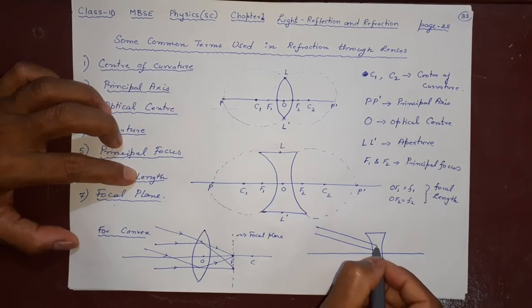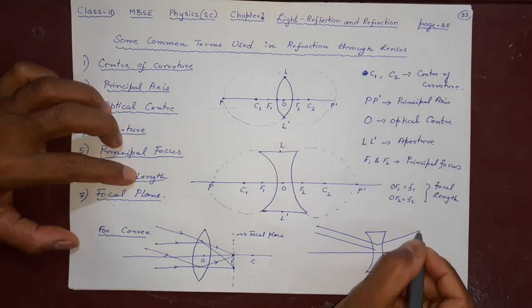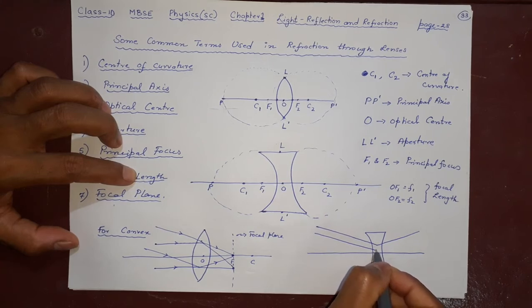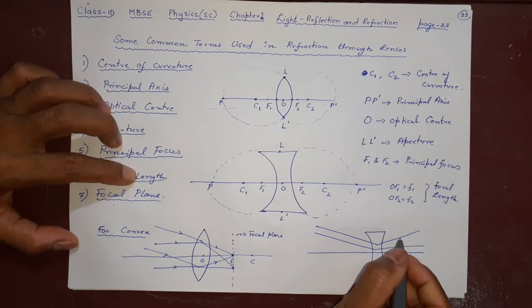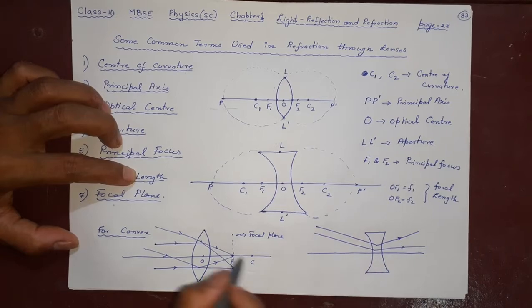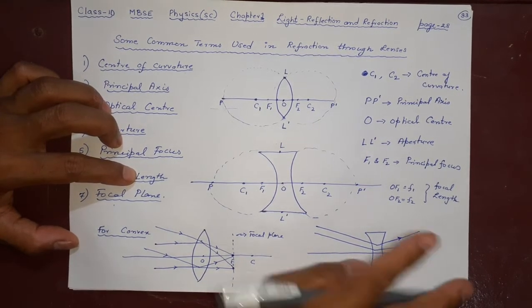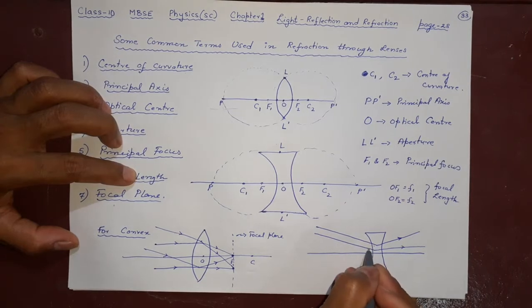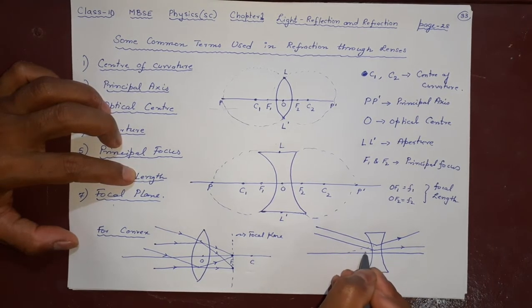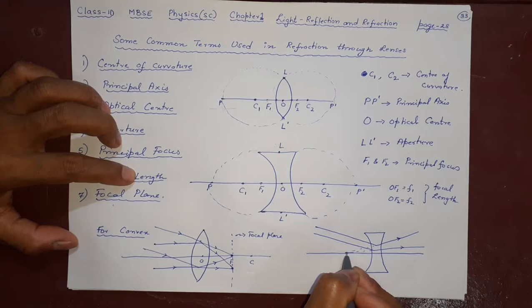It will go here and it will go here, slightly diverting away. See here they are going together, they are coming at one point, here they are going away from. So that it will appear that it is coming from here. So this is your focal plane.